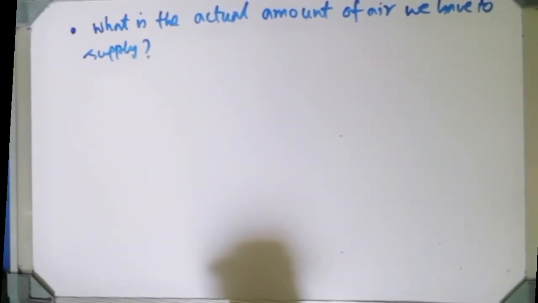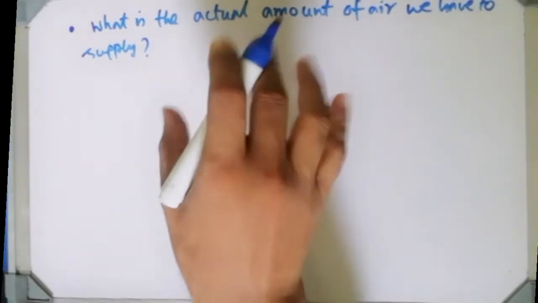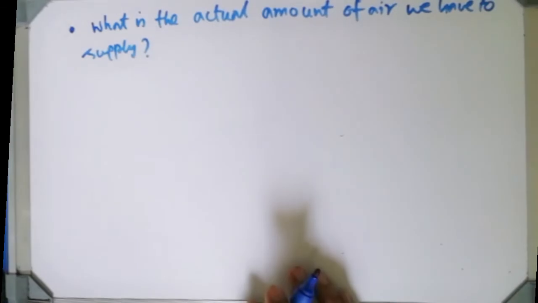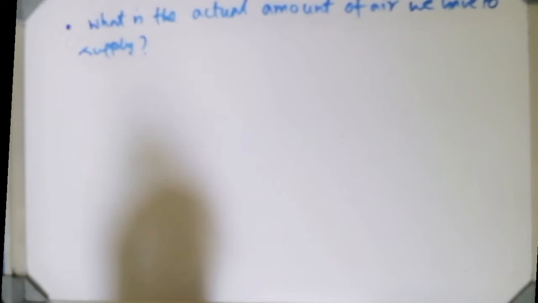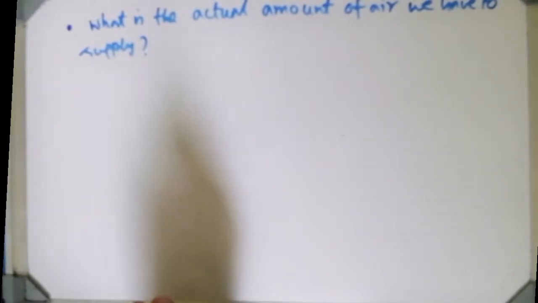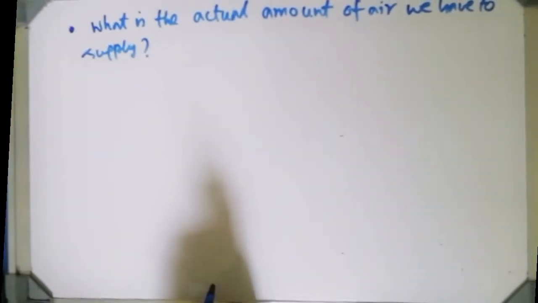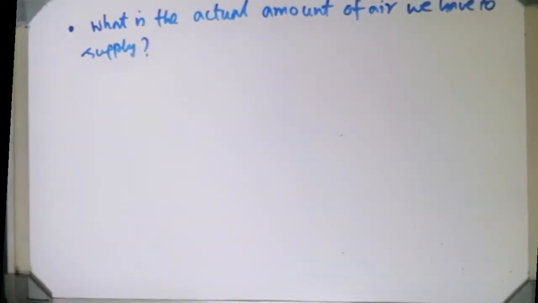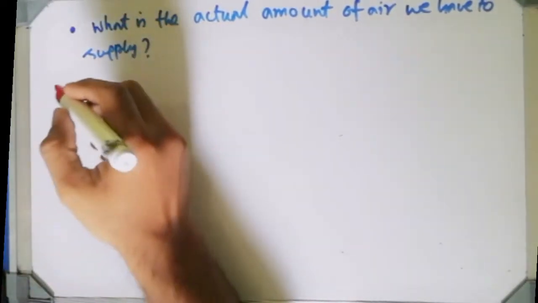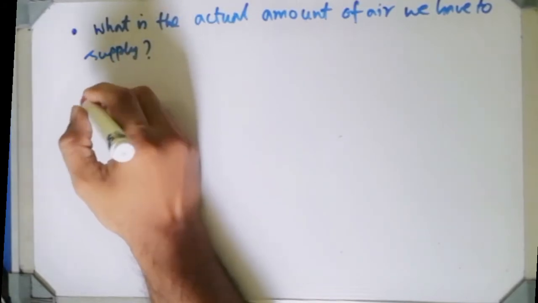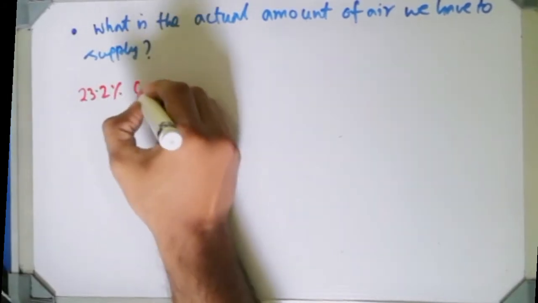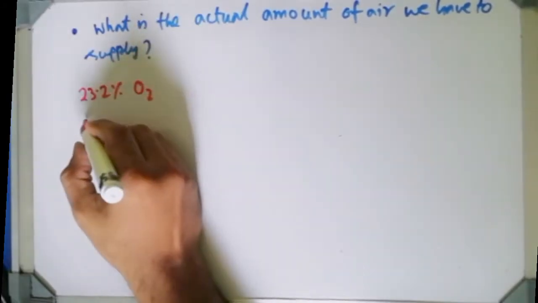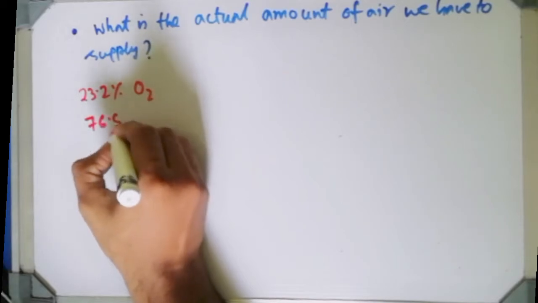Now one thing should be considered here, regarding the nitrogen, that we should point down properly: in the air, nitrogen is in bulk amount. If 23.2% of oxygen is available in air, then along with it 76.8% of nitrogen is also available, and they are all mass percentages, mind it, not volume.